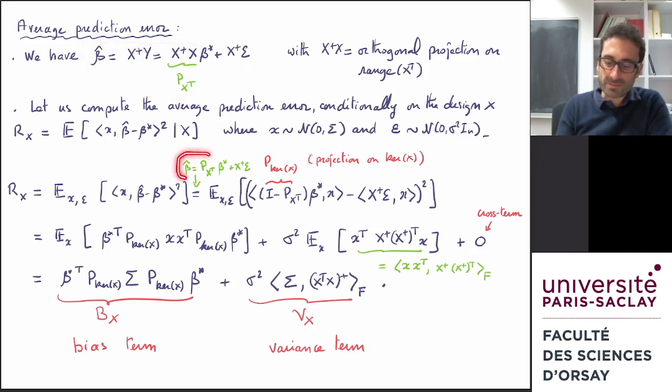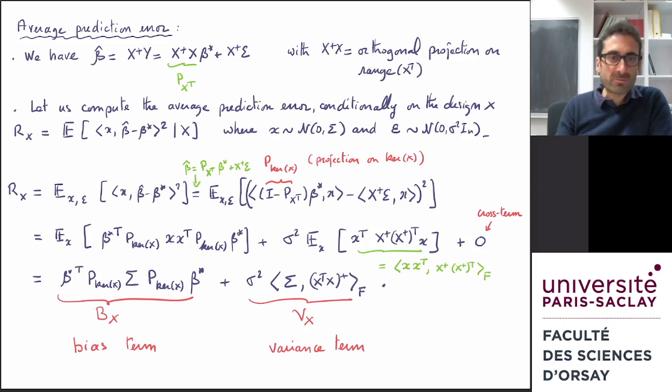All right, this is what I do here. So what I have, I have beta star, which comes from here, and I have the projection on x transpose of beta star, which comes from here, right? And the additional term is x plus epsilon scalar x.